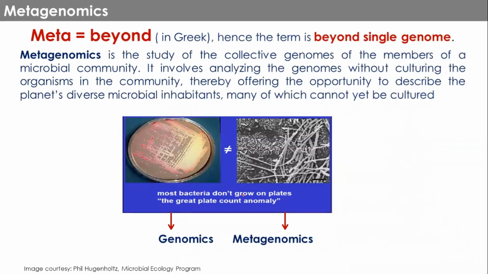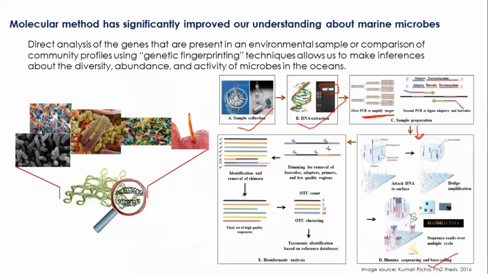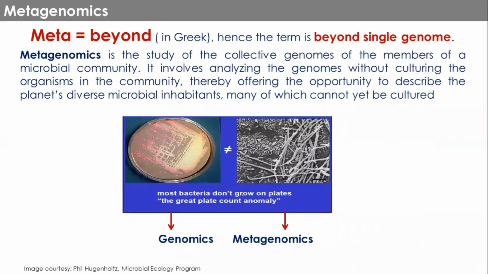In the molecular method, one of the most important concepts is metagenomics. In metagenomics, you do DNA sequencing, or you sequence the whole genome present in the water sample, or present in the sediment or the environmental sample.